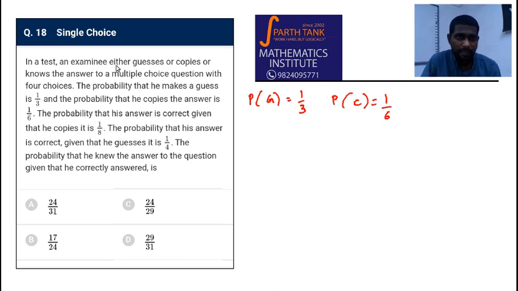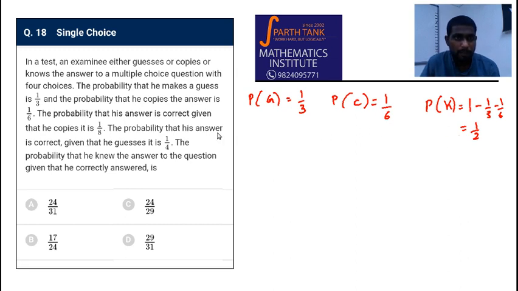Now they said that he either guesses or copies or knows, right? So the third option is the probability that he knows the answer, which must be 1 minus these 2. When he doesn't guess or doesn't copy, that means he knows. So 1 minus 1 by 3 minus 1 by 6 is 1 by 2. So the probability that he knows is 1 by 2.